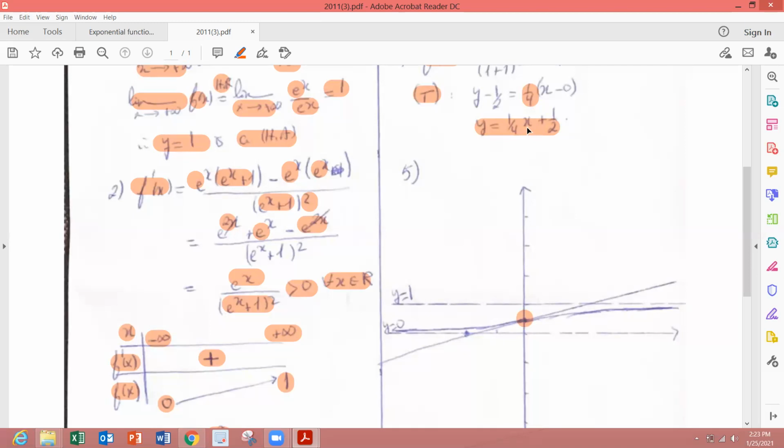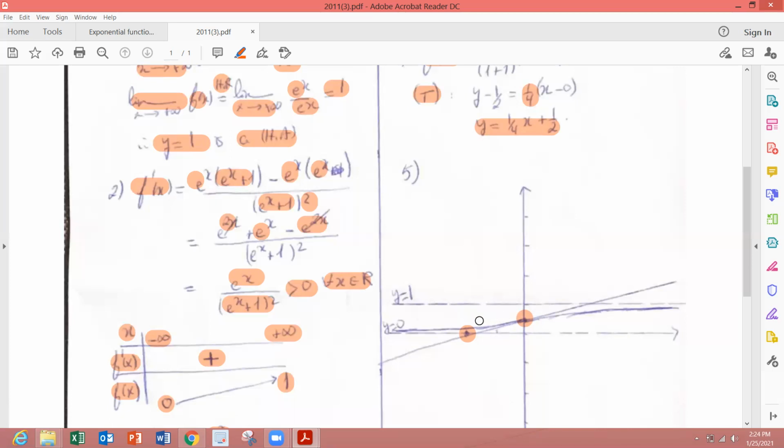For y equal to 0, x equal minus 2. Is it x minus 2, y 0? This is the second point, minus 2, 0. We draw the tangent. This is the tangent, and this is the point I.